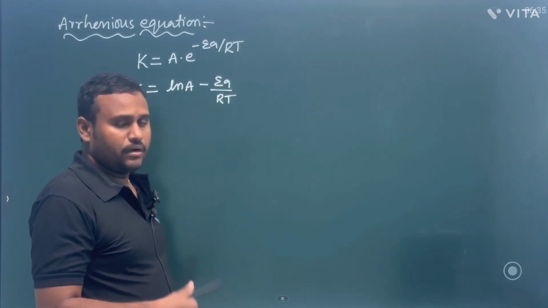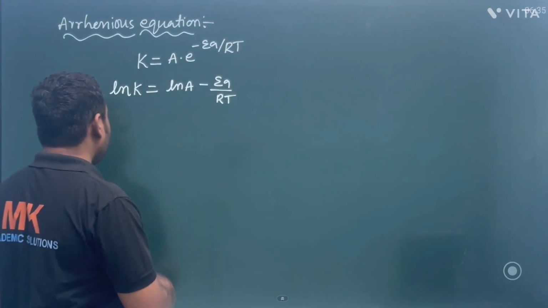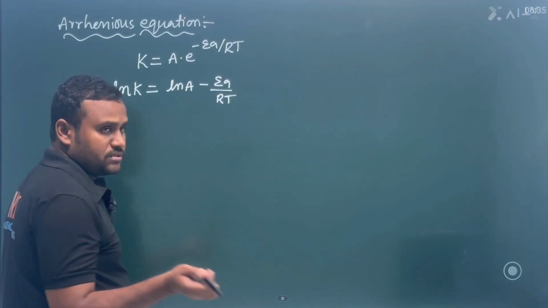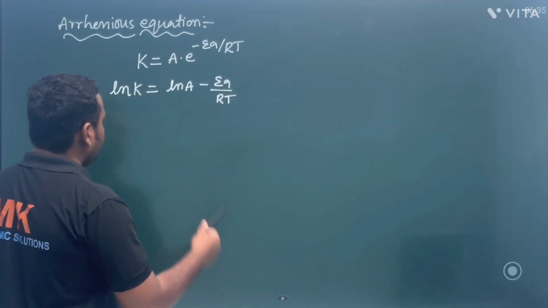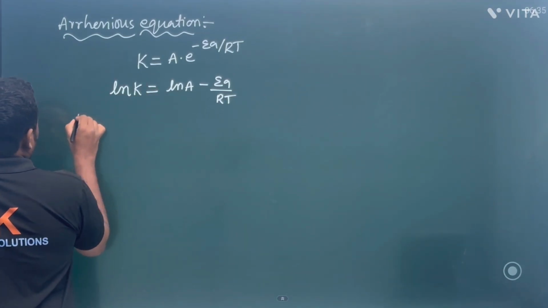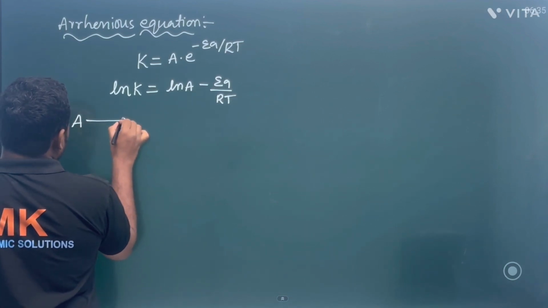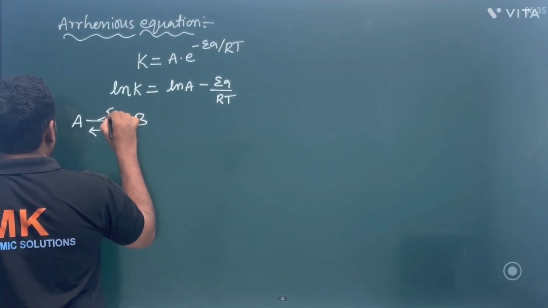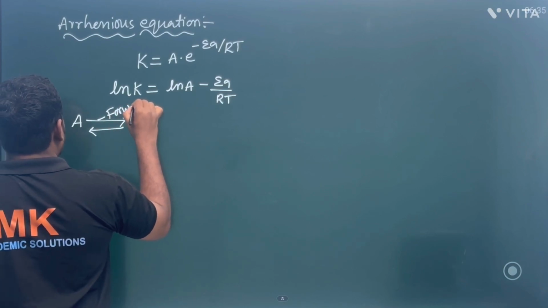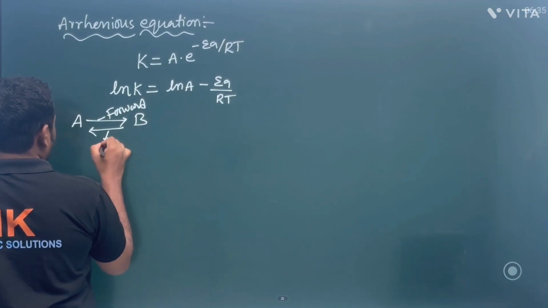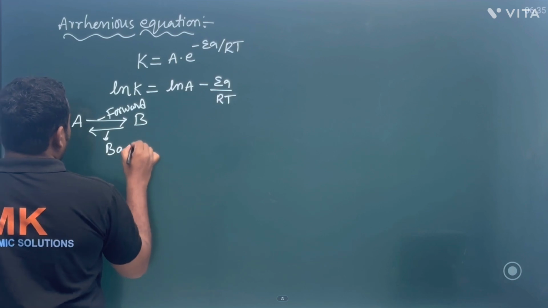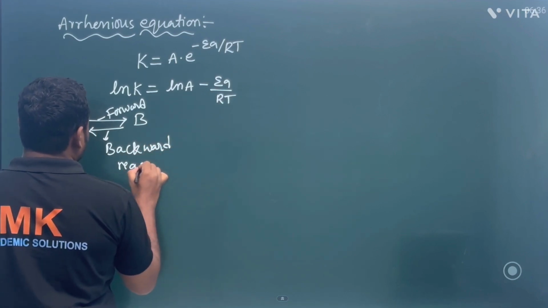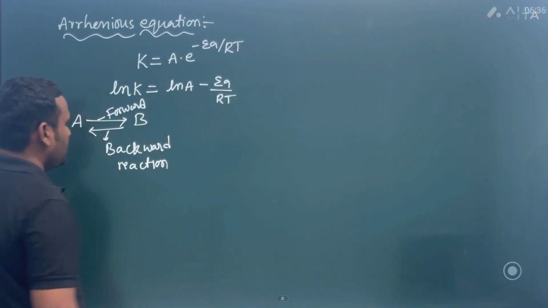Now here we are using the Arrhenius equation to find the equilibrium constant. We use different activation energies, right? Let us consider A gives rise to B, a reversible reaction. It is the forward reaction, and it is the backward reaction.